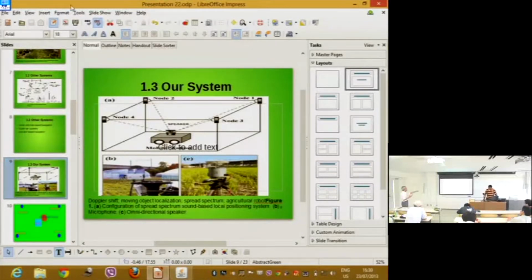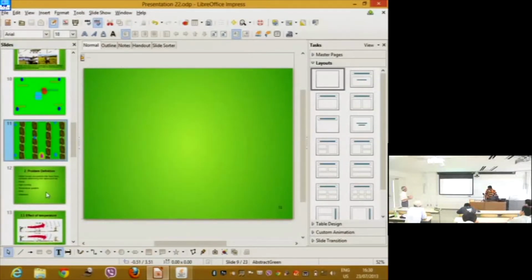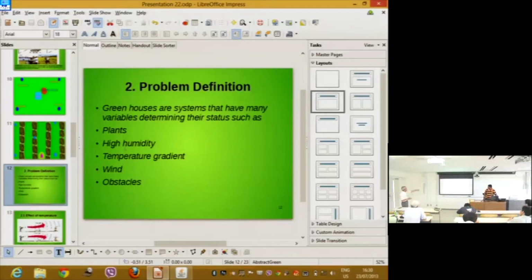Some plants would be obstacles if we use this system in a greenhouse. Yeah, plants and humidity, also temperature.